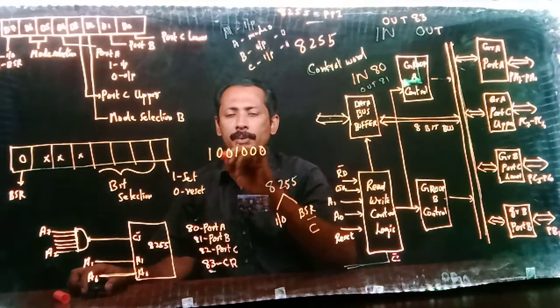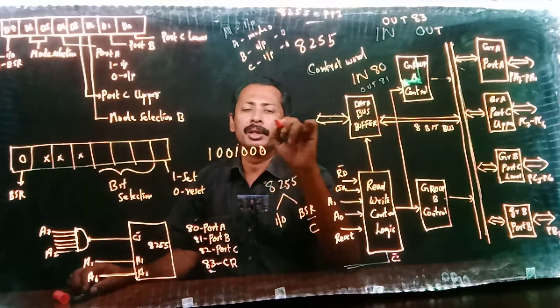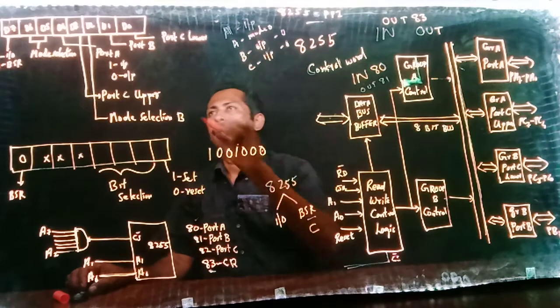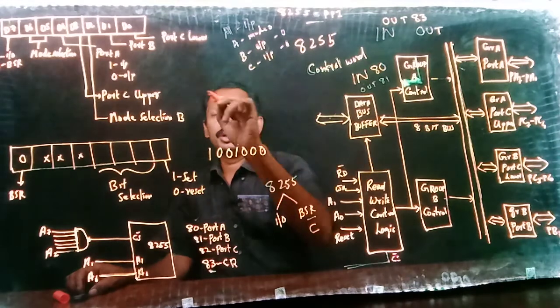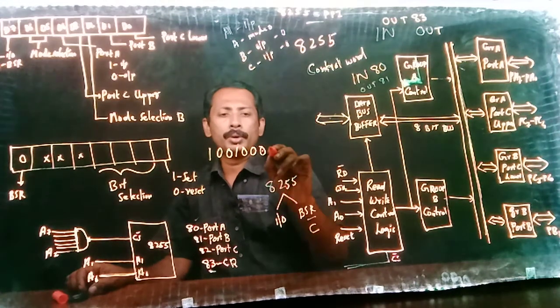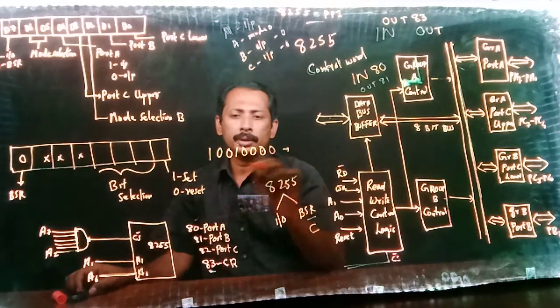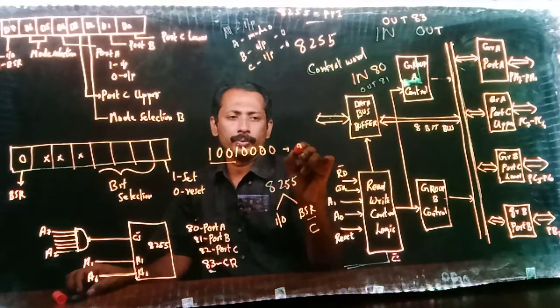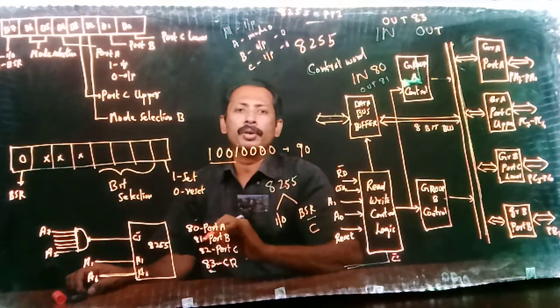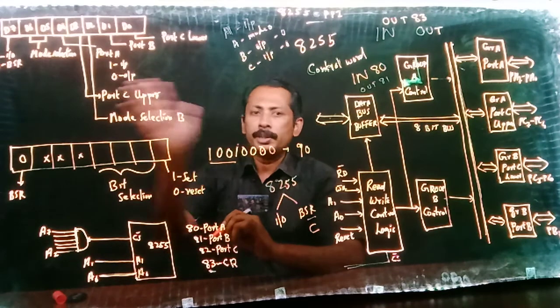This 1 has a meaning that port A contains input device. Okay. Then next last is port C lower. Port C lower also is output device, so it is 0. So I have formed the control word. This is 90. So 90 is the control word for this much data.